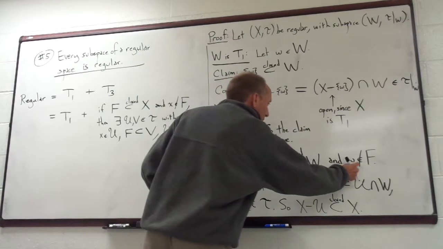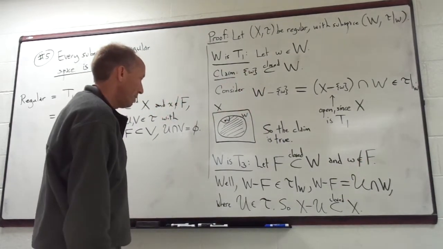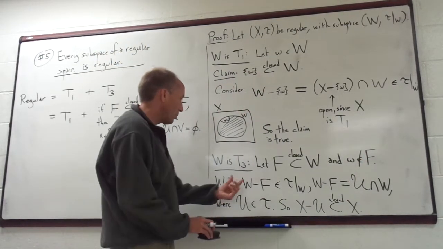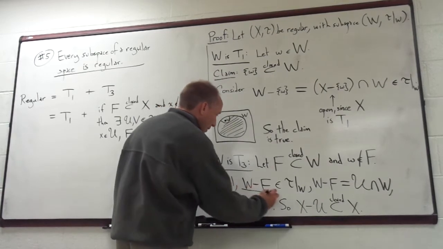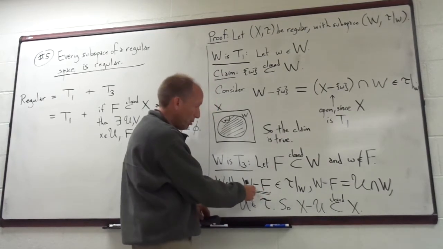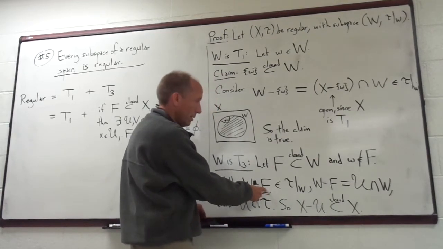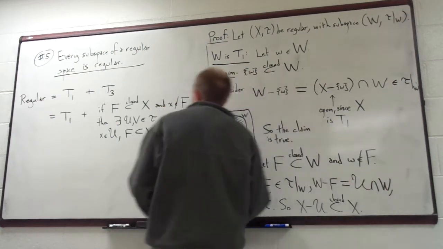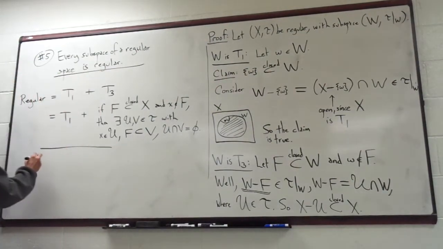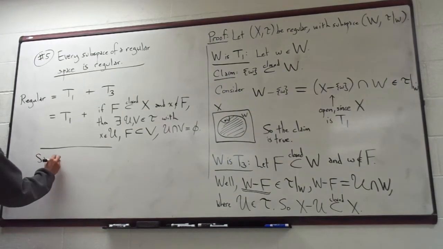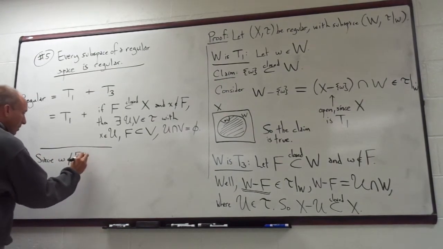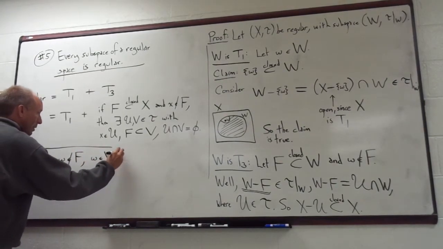Notice that w is not in F, right? So in other words, w lives in the complement of F, right? w lives right here. Well, let me just come over here and make that note. So since w is not in F, w is in the complement of F.